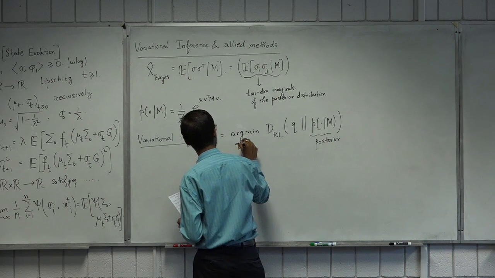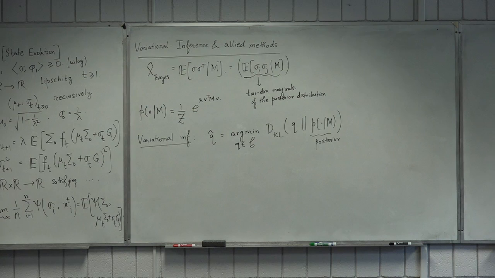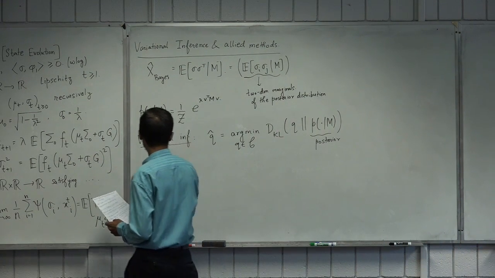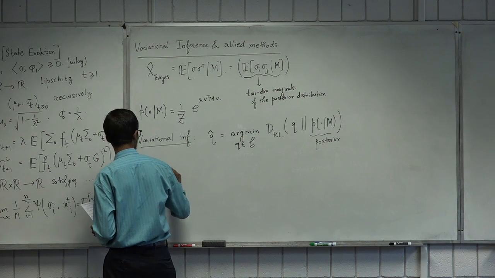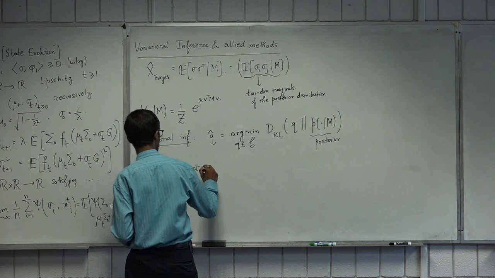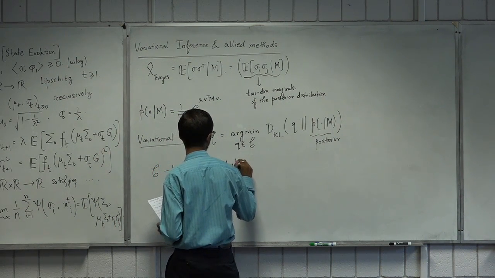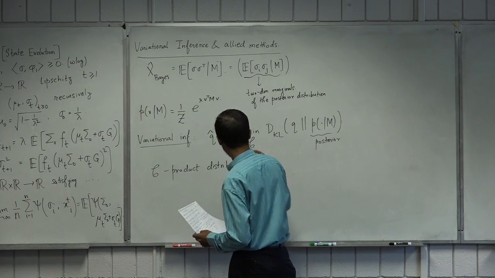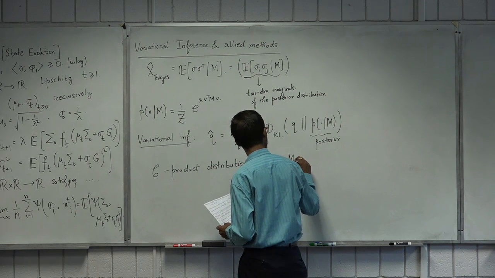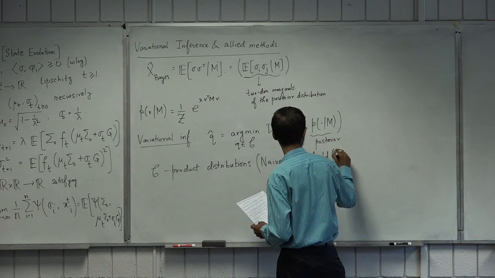And you do this minimization over a certain class of distributions, right? And the most popular choice is the class of product distributions, so every coordinate is independent. This strategy is usually referred to as naive mean field, or NMF.